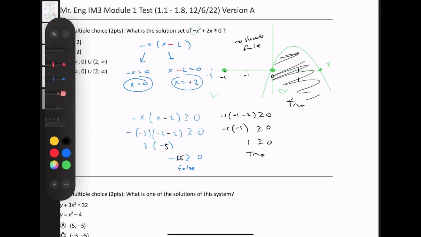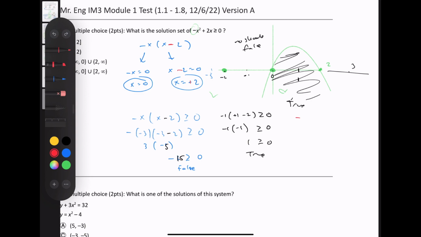And let's double check by testing 3. We tested 1, -1, we tested +1, but you need the opposite of that. So that was right.